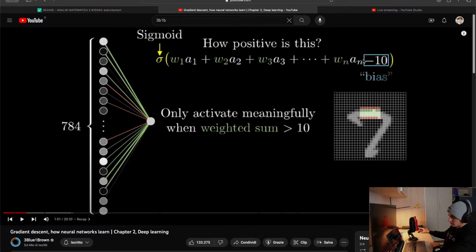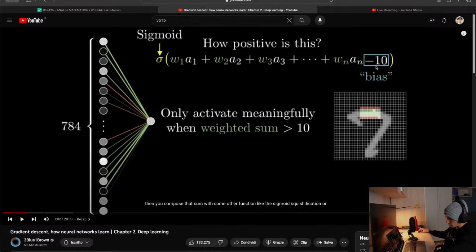E nulla, poi all'interno possiamo inserire un bias e il bias ci dice qual è il livello dopo il quale comincia effettivamente ad attivarsi, con un valore che non sia 0,00001, il nostro neurone.